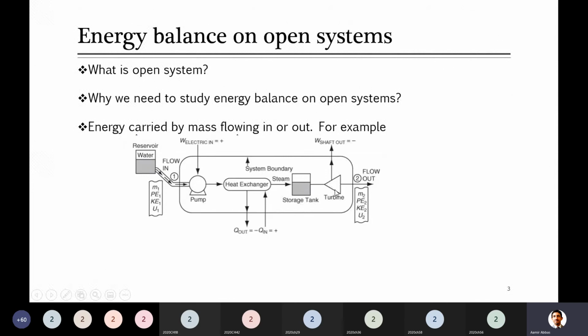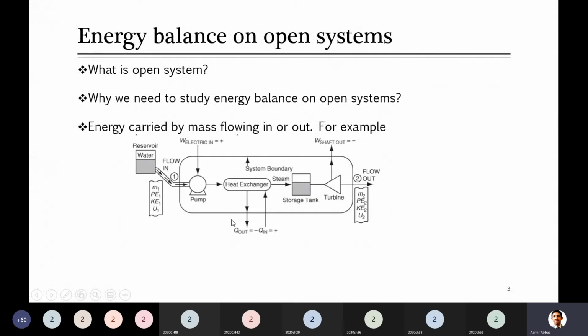No need to go into detail, but note that some work is getting into the system and some work is being done by the system on the surrounding. Due to this it is negative, and at the same time some energy is being transferred in and out of the system. When it is getting in it is positive, and when it is leaving it is negative. You already know that energy into the system is positive and out of the system is considered negative.